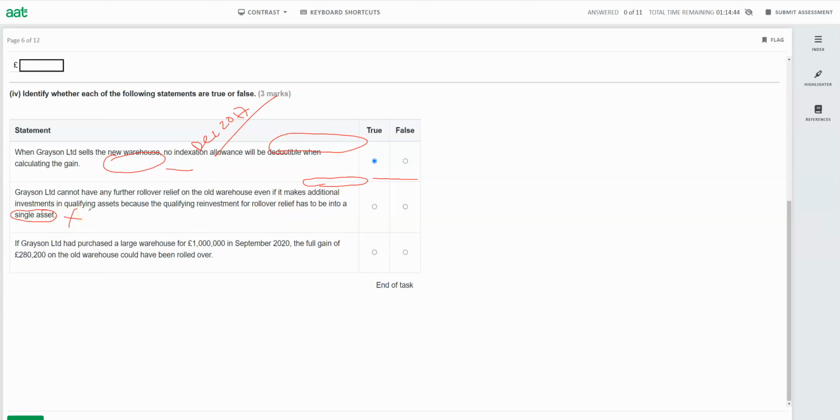If you remember from the reference material, we have seen the condition, and the condition clearly says the asset has to be used in the business, and we have to have sold it within 1 year before and 3 years after the day we sell the old asset. This is the condition we have. There is no condition that it has to be a single asset, or that it has to be a group of assets.